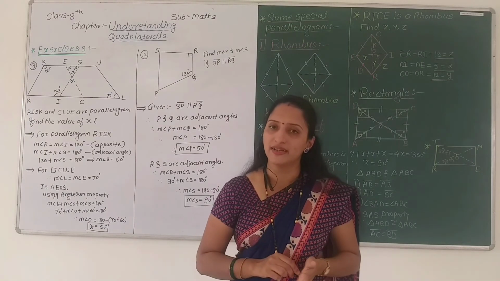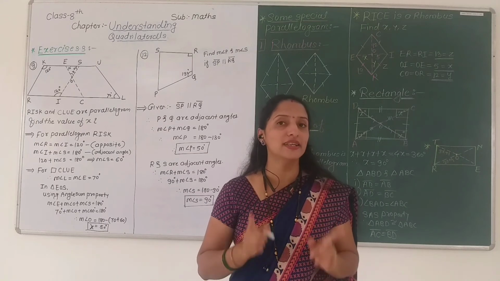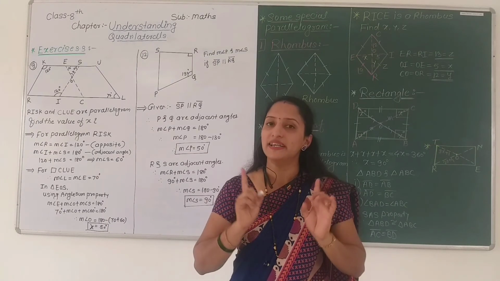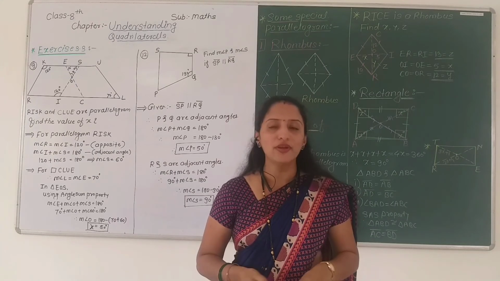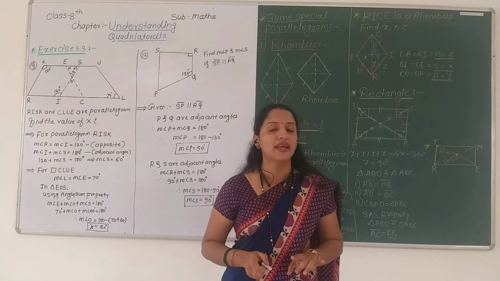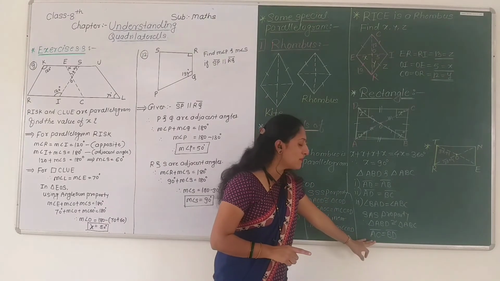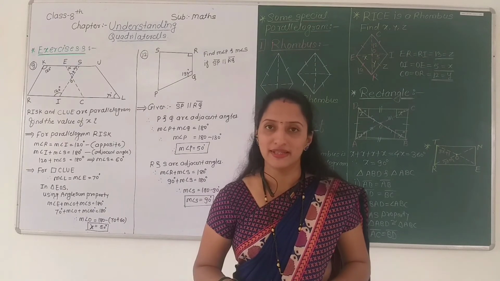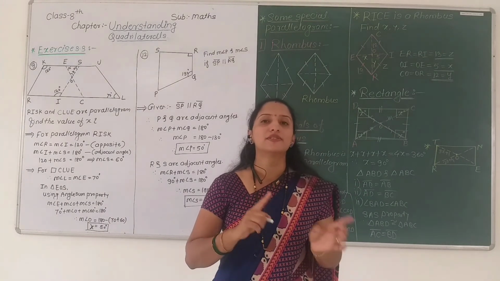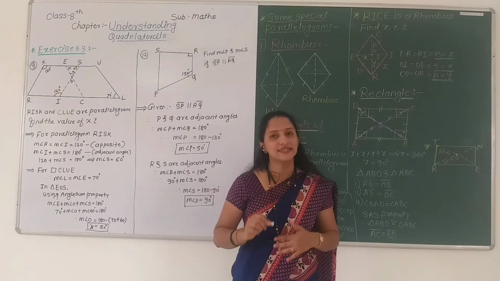Diagonals of a rectangle bisect each other, since a rectangle is a parallelogram and diagonals of a parallelogram bisect each other. Therefore, diagonals of a rectangle also bisect each other. But what is the additional property? That diagonals are of the same length.